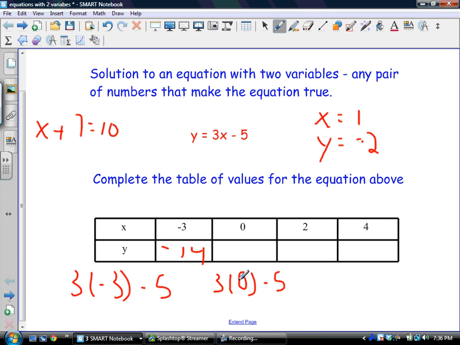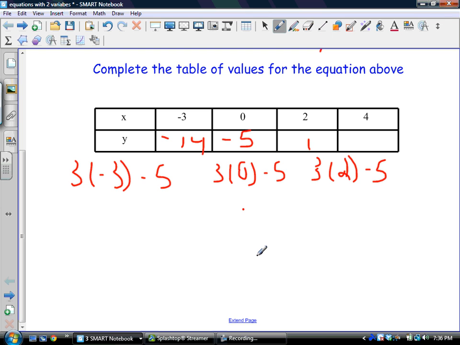Of course, 3 times 0 is 0. Minus 5 is negative 5. If I plug in a 2, then I'd be doing 3 times 2, which is 6. Minus 5 would leave me with 1. And if I plugged in a 4, then I would have to do 3 times 4, which is 12, minus 5 is 7.